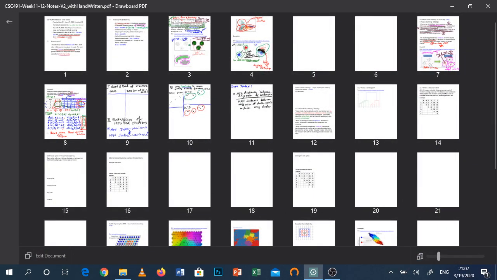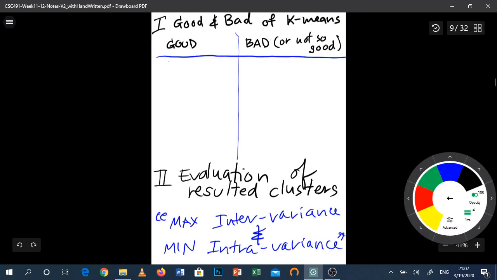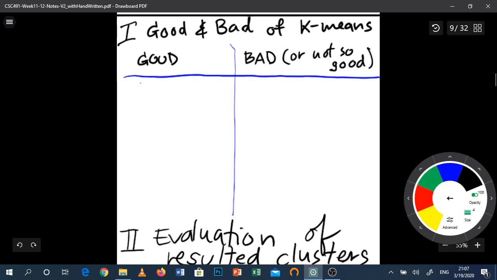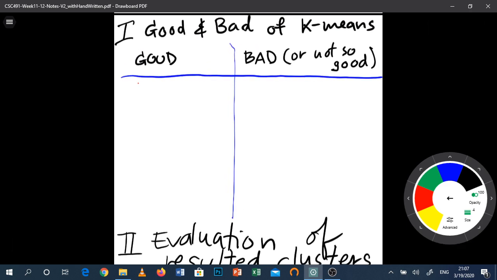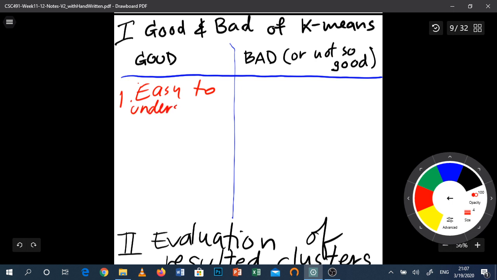So in order to evaluate the result of k-means, we should look into the advantages, the good, or the disadvantages, the kind of bad or not so good, of k-means first. So let's look at the good ones. First, k-means is quite easy to understand by the analyst, and also easy to implement.